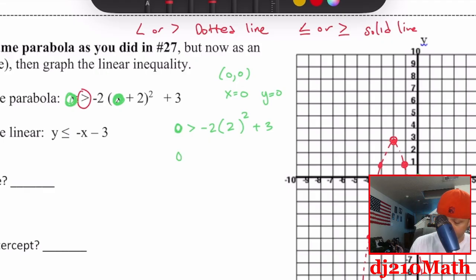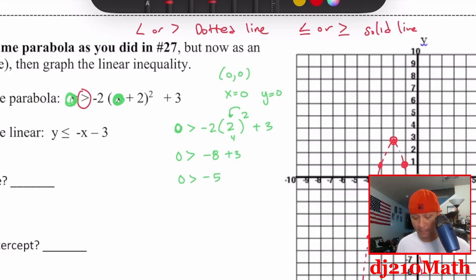So let's do this correctly. 2 squared is 4. 4 times -2 is -8, plus 3. So 0 is greater than -5. Then once you get to this point, you ask yourself, is this true or is this false? Is 0 bigger than -5? That is 100% a true statement. 0 is bigger than all negative numbers.